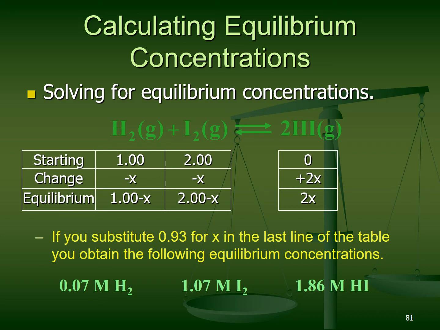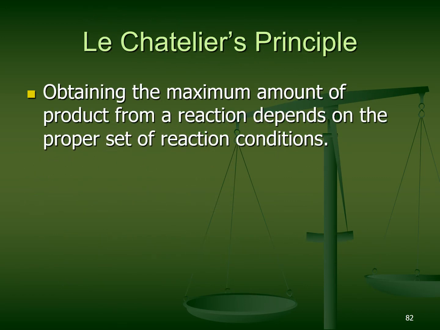And again, if you plug those numbers into the equilibrium expression, you take 1.86 squared divided by 1.07 divided by 0.07, and you get 46, which is really close to the original. Again, there's some rounding errors, but it's really close to the original k value, so you know that you probably solved this pretty well. All right, Le Chatelier's principle.